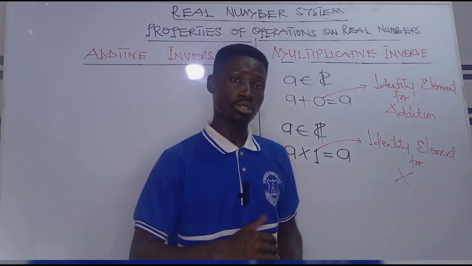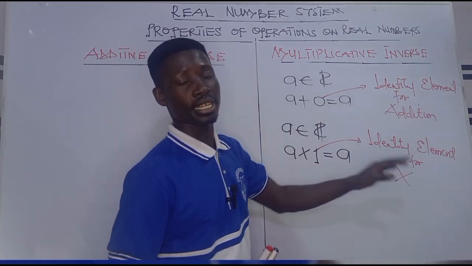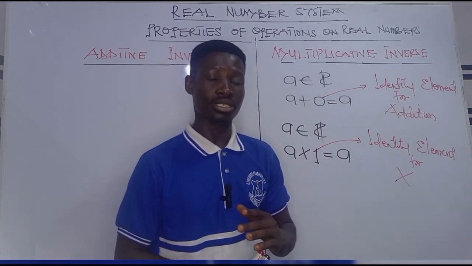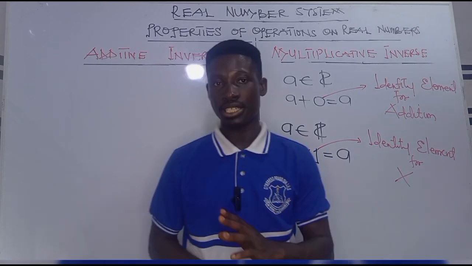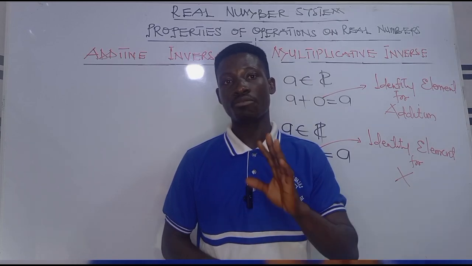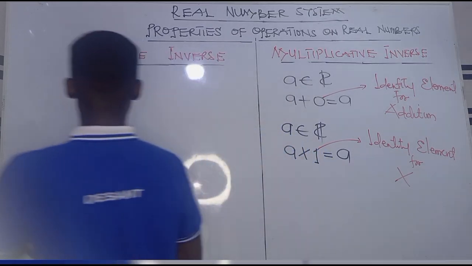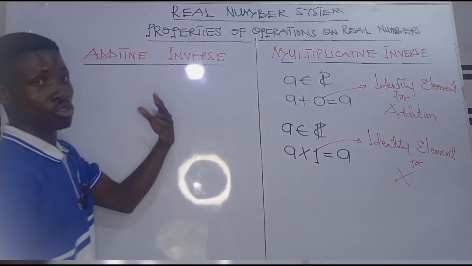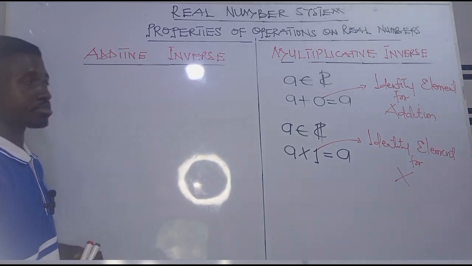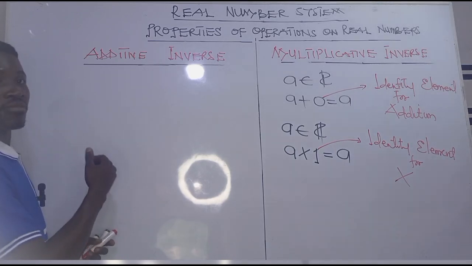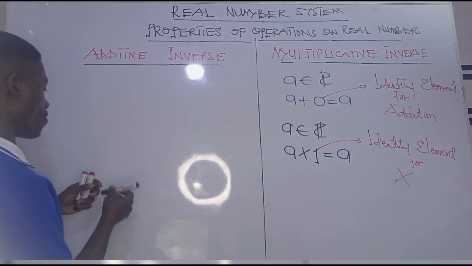We are going to make use of this identity element in the inverse property. To start with, let's start with the inverse property for addition. The inverse property of addition is also known as the additive inverse.